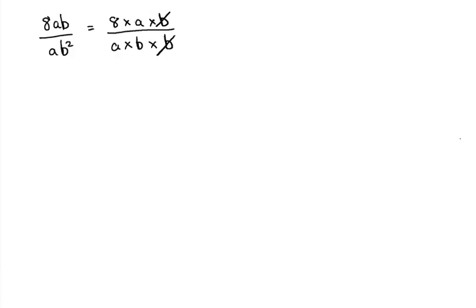There's also a factor of a here and a here. If we divide the top of the fraction by a, that'll disappear, and we have to do the same to the bottom. So cancelling this common factor of a, what are we left with? 8 over b. So this complicated looking fraction simplifies to 8 over b.